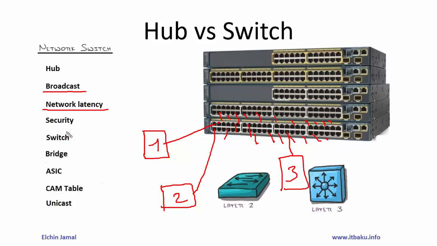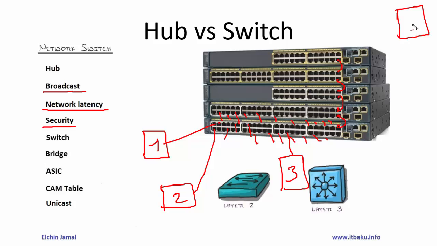The second disadvantage is security. Using hubs is not good from the security perspective, because as you can see, we have 5 devices here, and they are connected to each other. Any device connected here may be a computer, a server, an IP phone, a network printer, and so on.